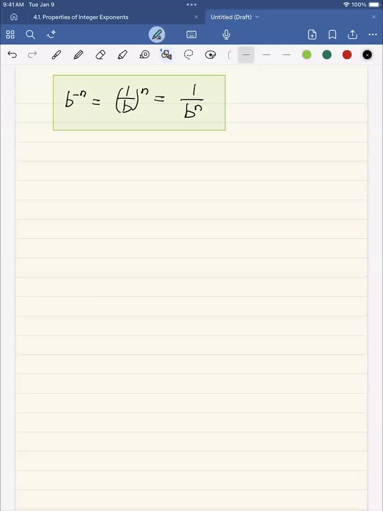So you should be able to write b to the negative n power to 1 over b to the n power. Or if you see 1 over b to the n power, then you should be able to write that as b to the negative n power.